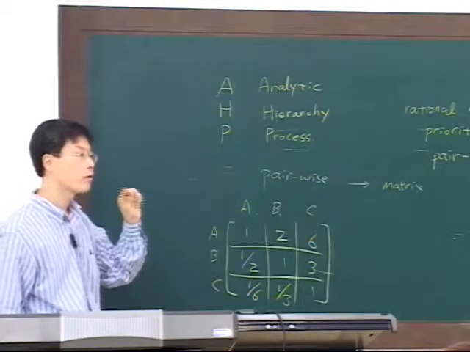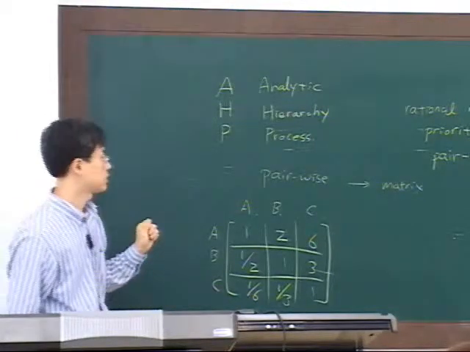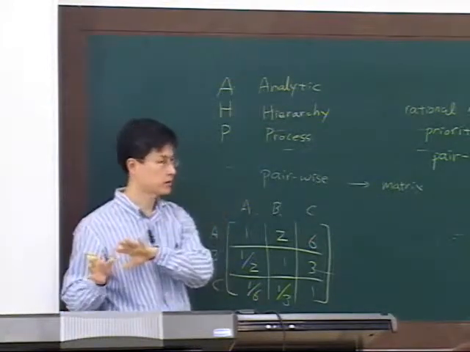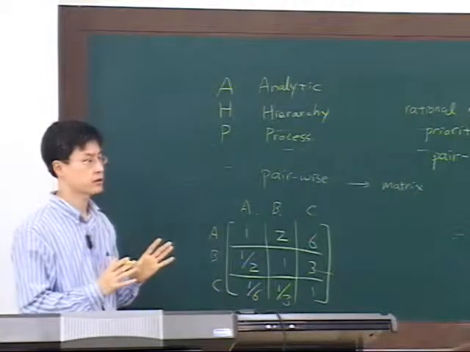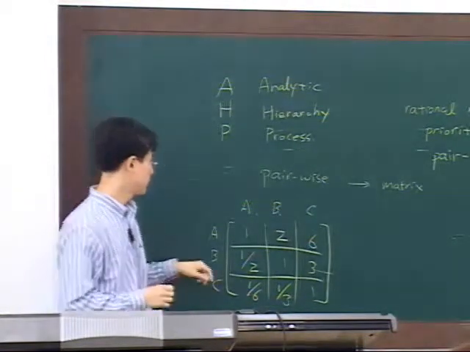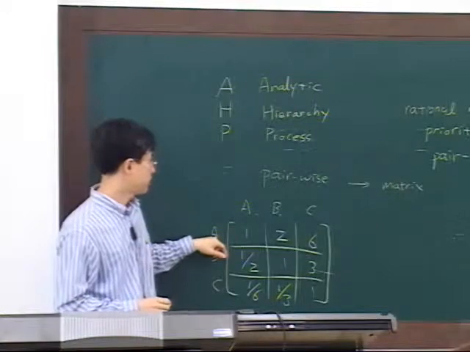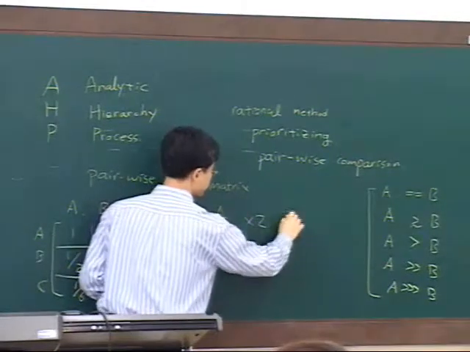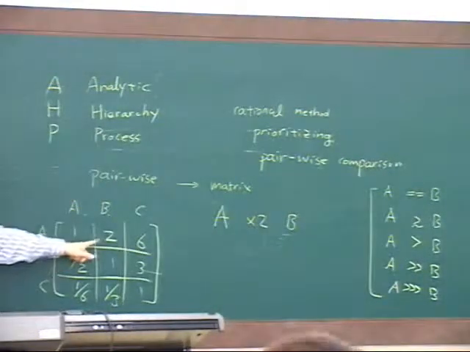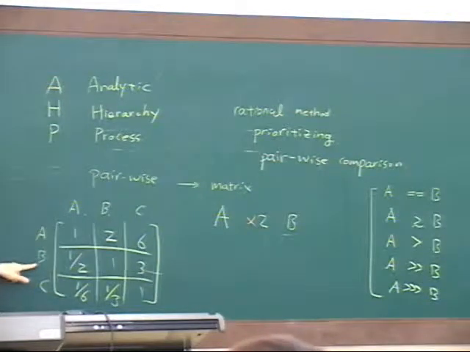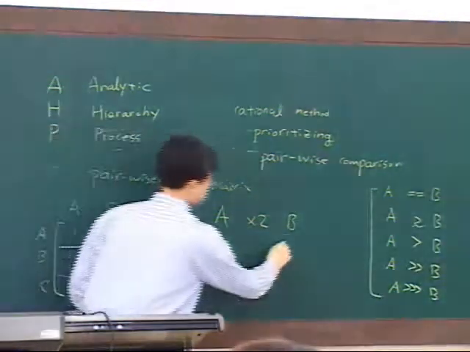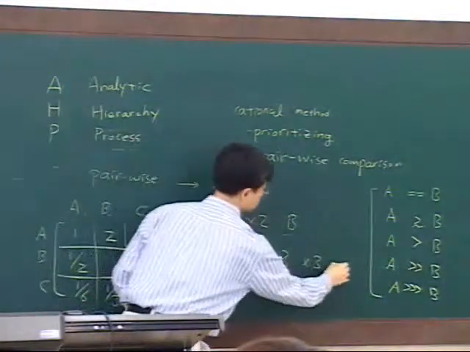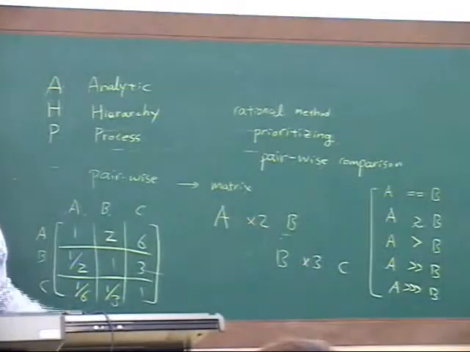There is one thing to consider, because we are just comparing two things, right? But something is happening here. For example, if A is about 2 times more important than B, and if B is about 3 times more important than C, it is kind of logical.